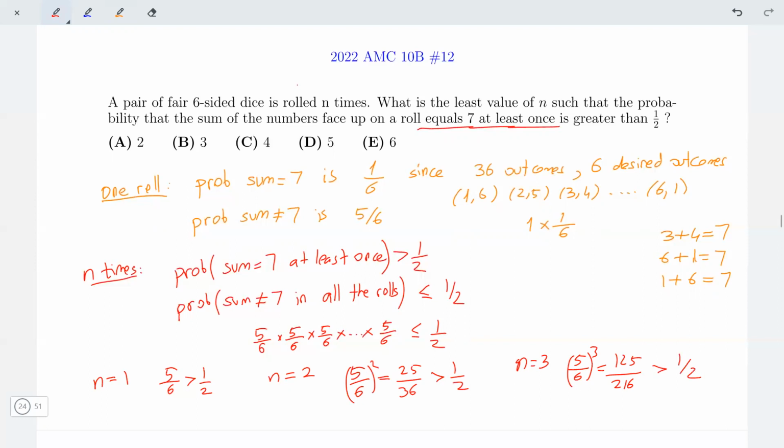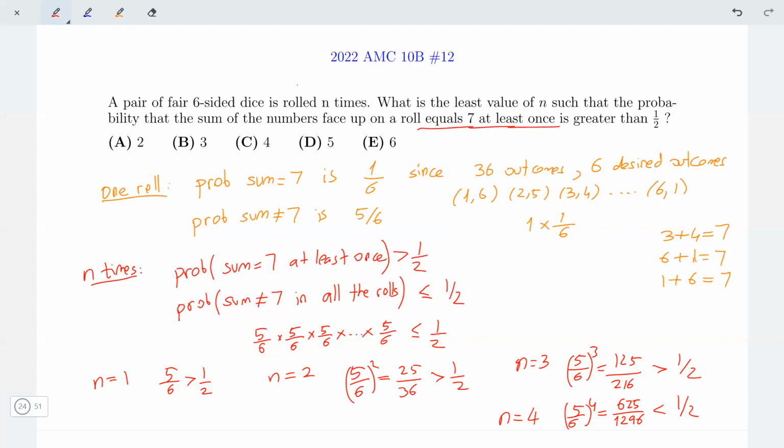Not there yet. And let's see what happens when n equals 4. (5/6)^4 is 625 over 6^4, which is 1296. And that is finally less than 1/2, because 625 is less than 648.